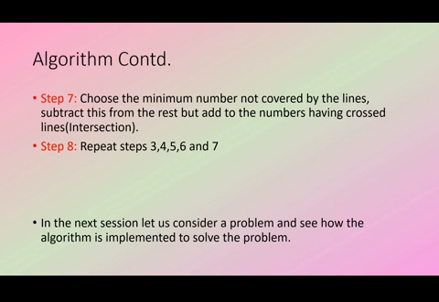After covering all the zeros under the lines, now we come back to step 7. What does step 7 tell us? Choose the minimum number not covered by the lines. When we have drawn lines, all the zeros are covered, but there are still numbers which are not covered under the line.